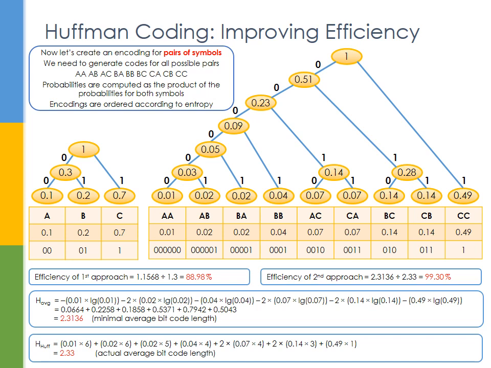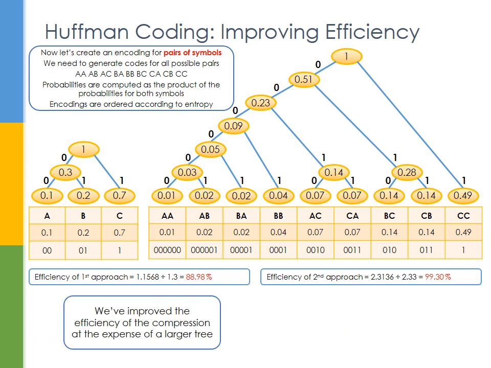What this means is that by combining our symbols into pairs, which we've created separate encodings for, we've managed now to achieve 99.3% of the optimal performance. This is, of course, a lot better. So we have managed to create then a much more efficient encoding scheme.